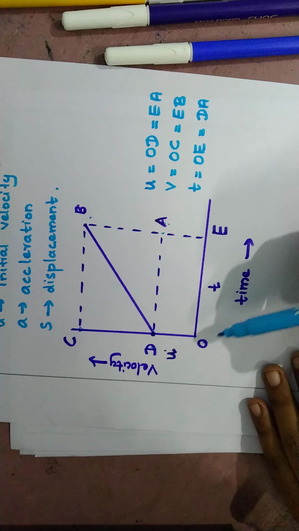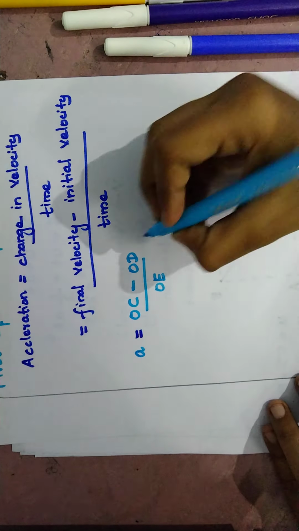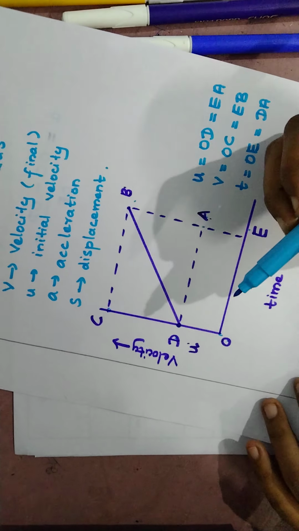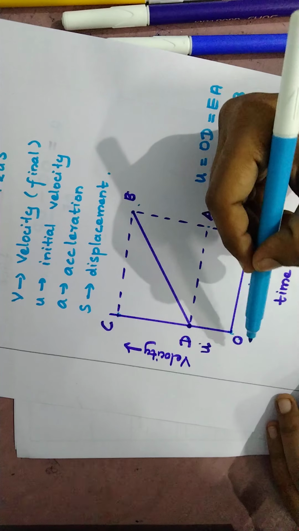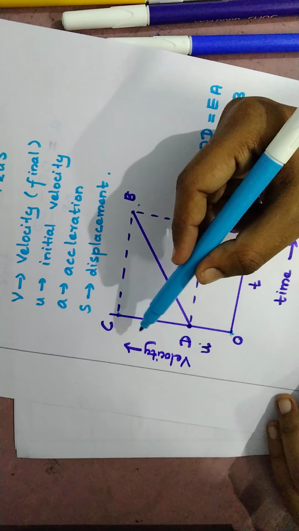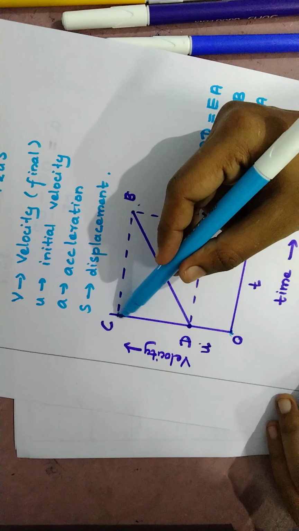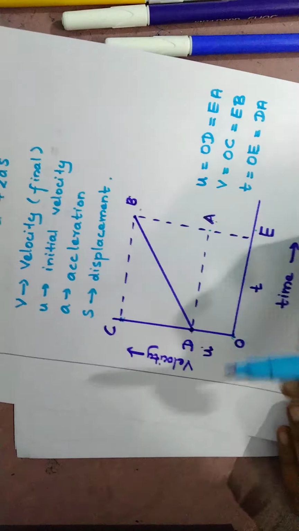Time is OE. Here OC minus OD is equal to DC.